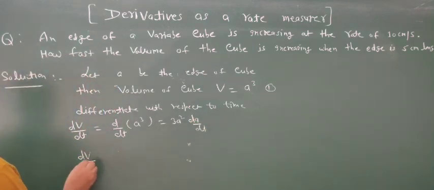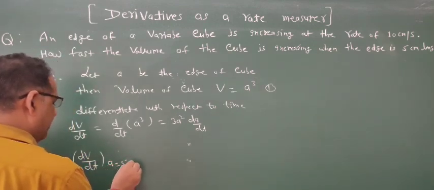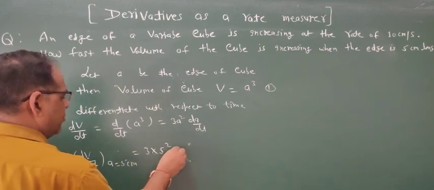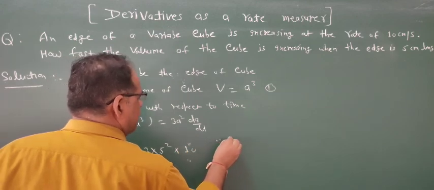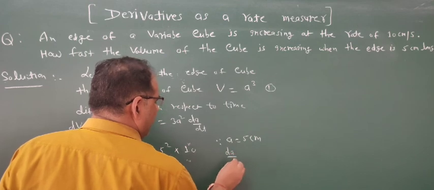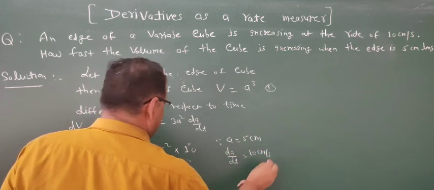Now the condition is given when A equals 5 centimeter: 3 into 5 square into 10, because A equals 5 centimeter and dA over dt is given as 10 centimeter per second.